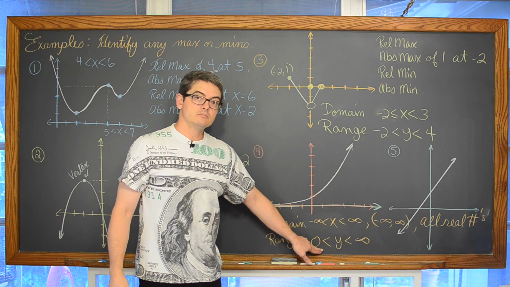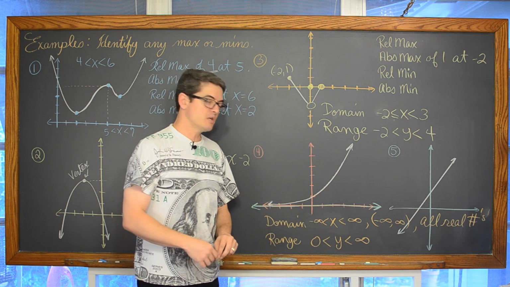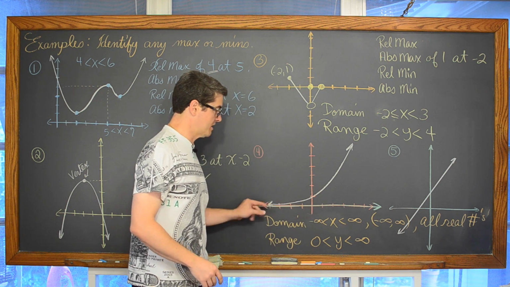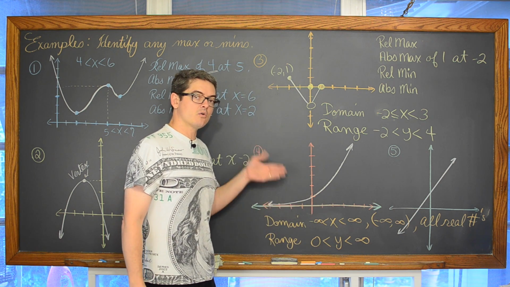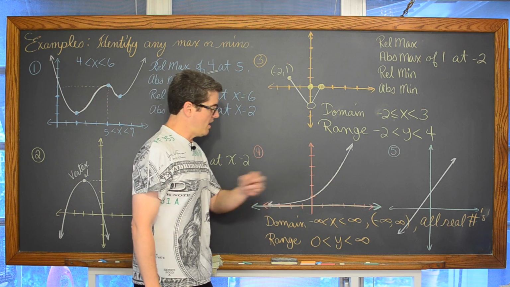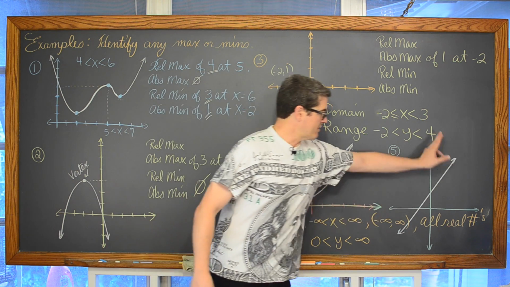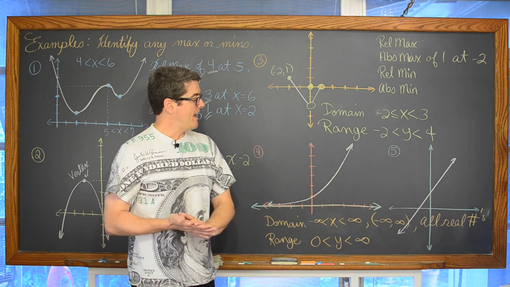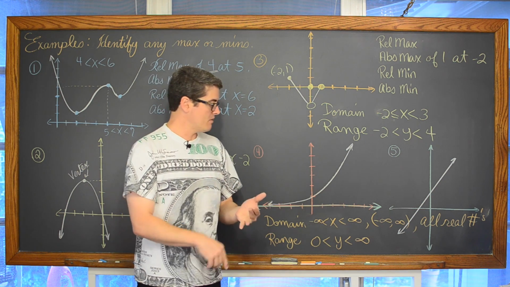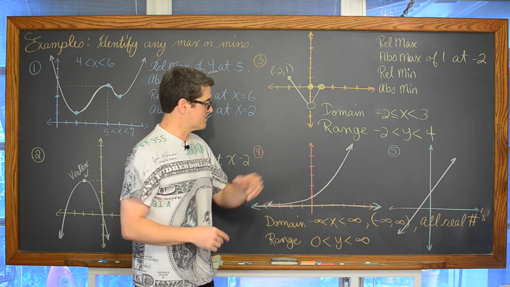It's approaching 0. It's never going to become 0. It's just going to be approaching it. So it never becomes a concrete, real minimum y value. And this goes up and down forever as well. So neither one of these graphs has a relative or absolute min or max.